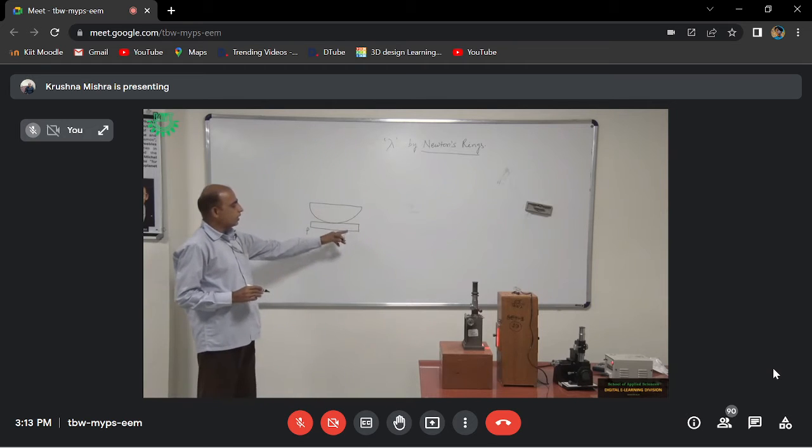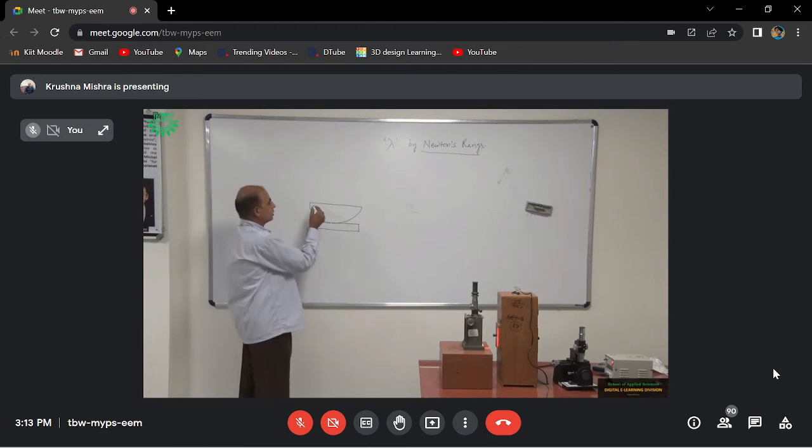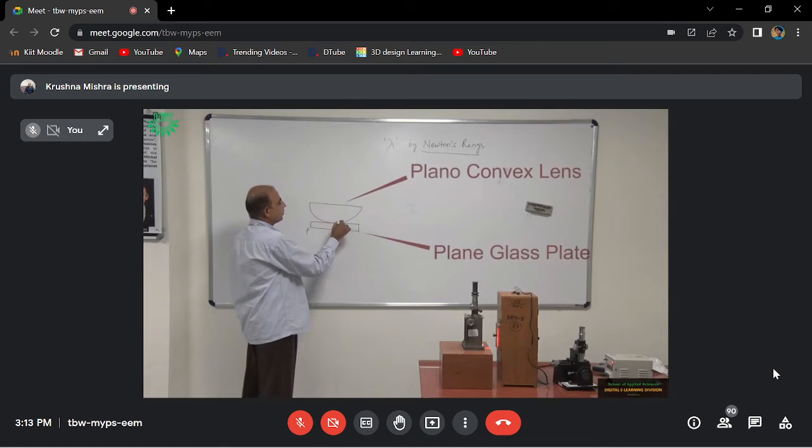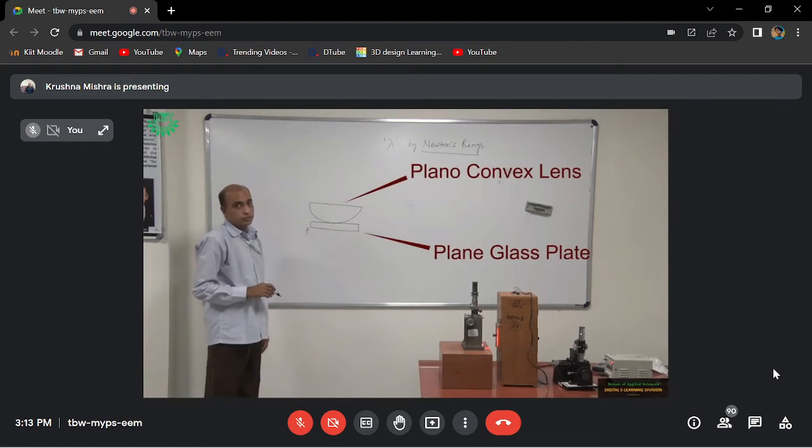So this is a plain glass plate over which there is a plano-convex lens placed on it.